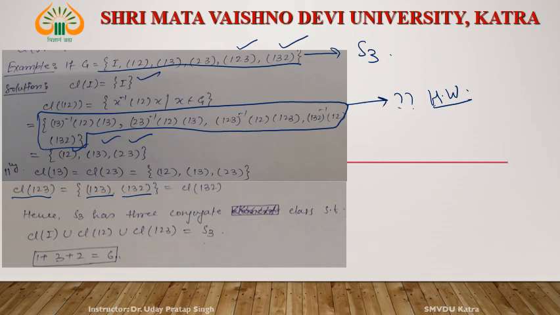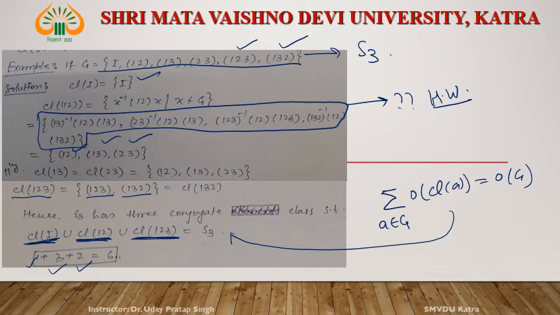Then S3 has three conjugacy classes: CL I, CL (1 2) and CL (1 2 3). The order of CL I is 1, the order of CL (1 2) is 3, the order of CL (1 2 3) is 2, and this is equal to 6. Then the above equation, the summation over A belonging to G of the order of CL A equal to the order of G, is verified for S3.